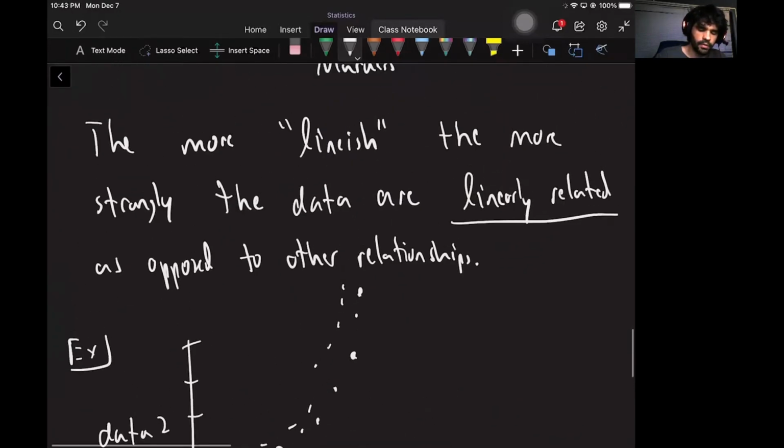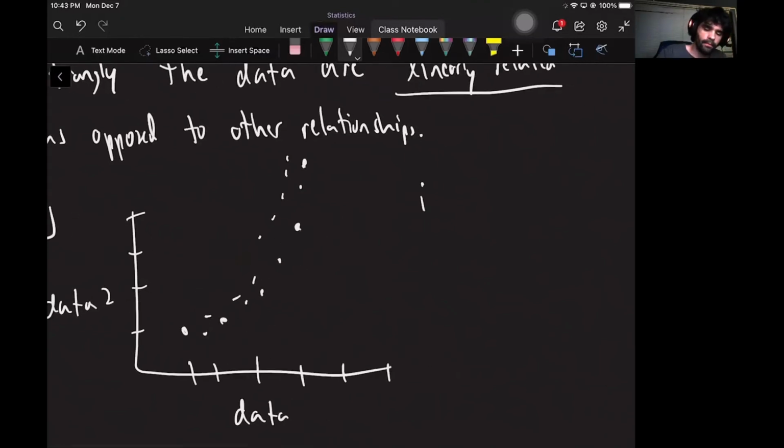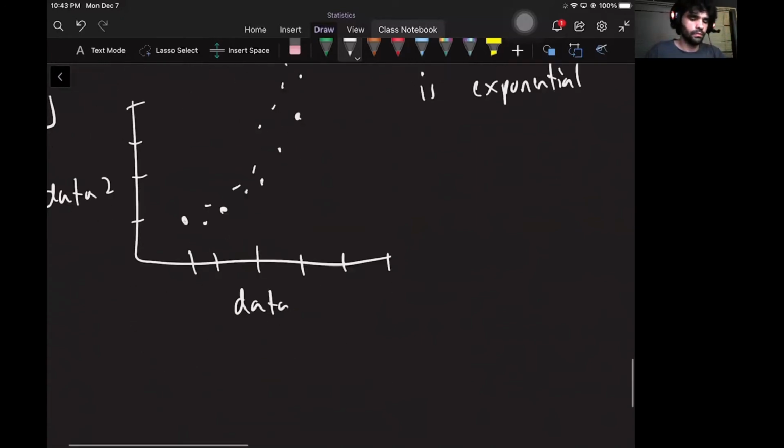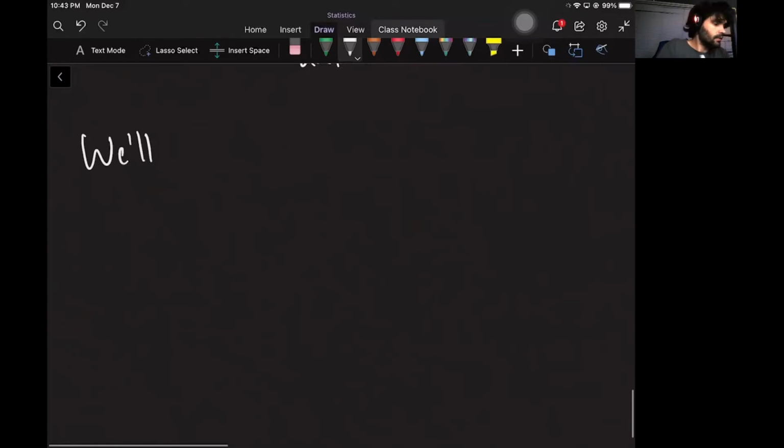You can imagine if it just went super high up, it's not really a line at all. It's much more exponential. So this would be called exponentially related, but we're not really going to study those types of things. We're only going to have time for lines. So that's all we have to worry about, luckily. And lines are the best because they're the easiest. So we're just going to study linear relationships.